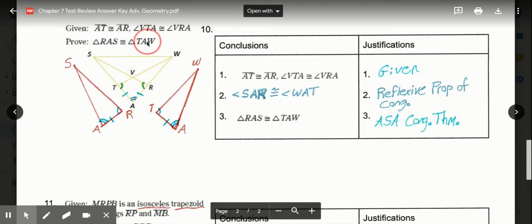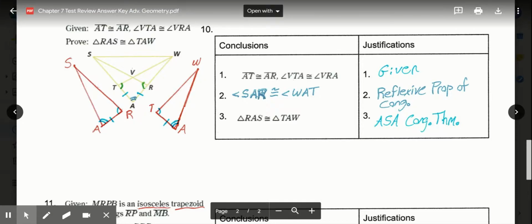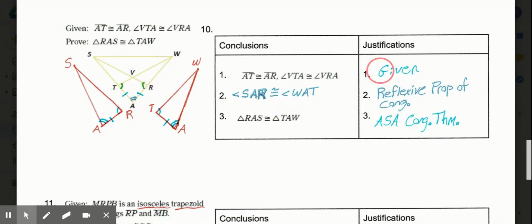So to make life a little bit easier, I just pulled out and redrew roughly triangle RAS and TAW. But you can see I also marked in the original diagram what I knew and added to the diagram as I went. So looking at our table, conclusion was given, justification given.